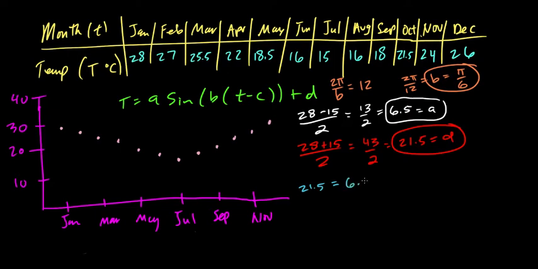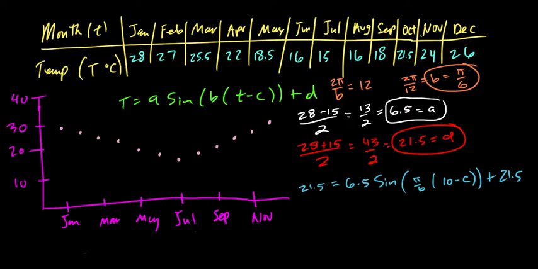Amplitude is 6.5. B is pi over 6. Little t is going to be 10. And D is 21.5.